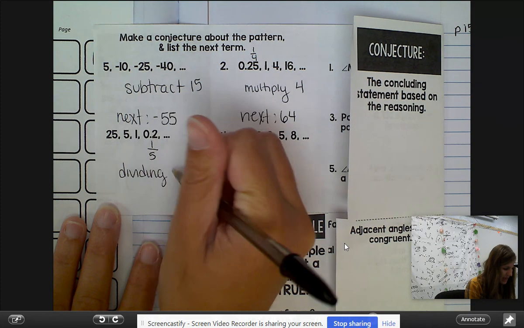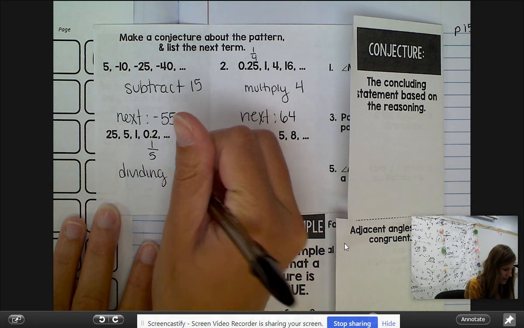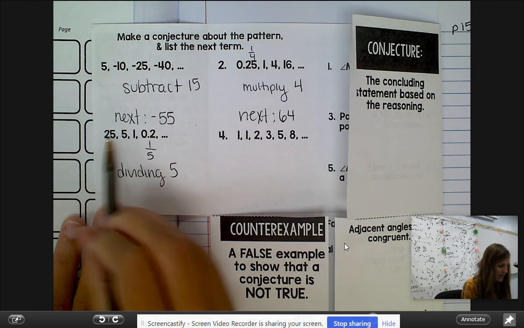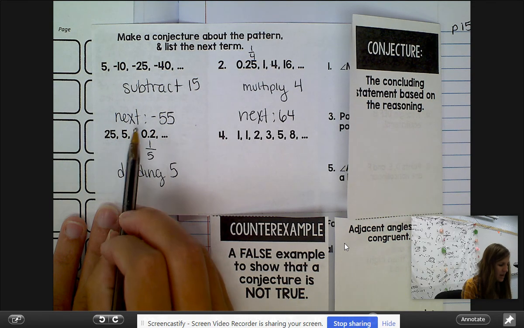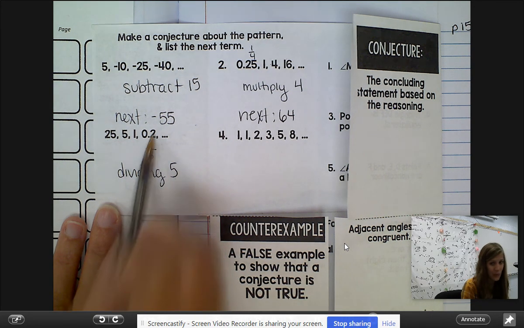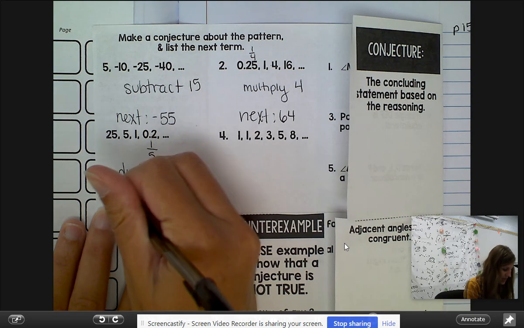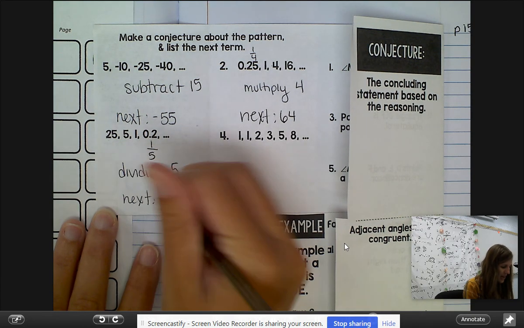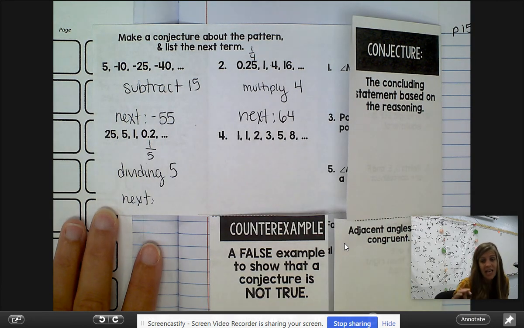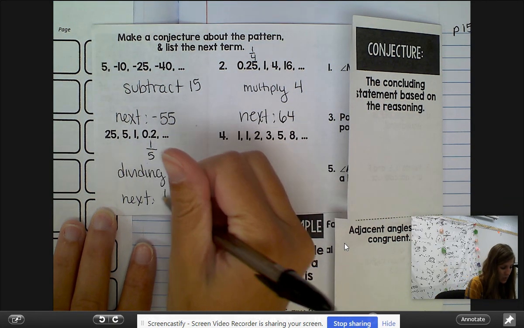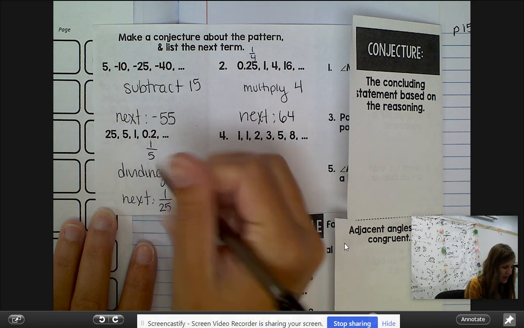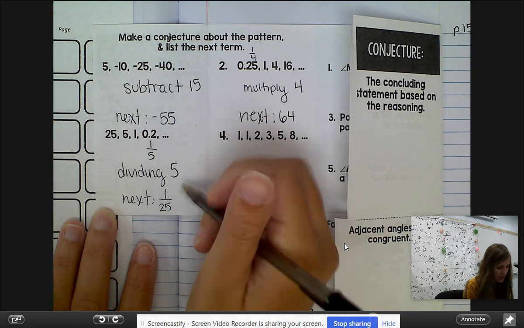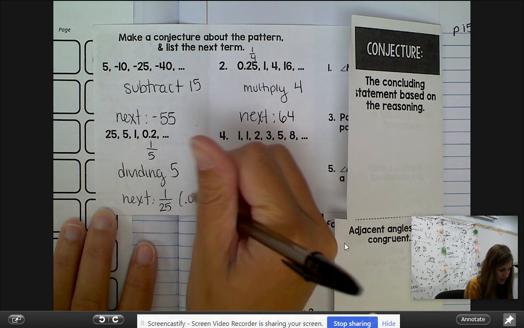It goes faster by 5 every time. Like 25 divided by 5 is 5. 5 divided by 5 is 1. 1 divided by 5 is 1/5 or 0.2. So your next term, if I were to divide a fifth by 5 again, the easier way to say it is 1/25, because 5 times 5 under, which as a decimal is 0.04. Yuck.